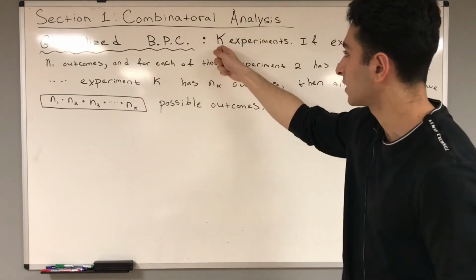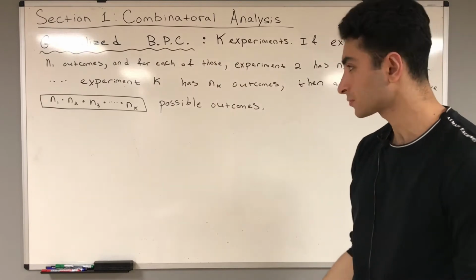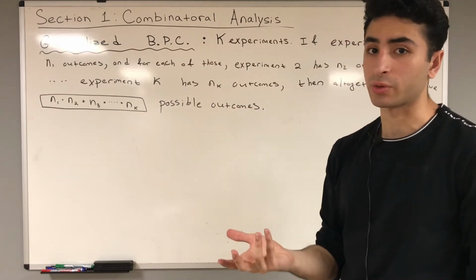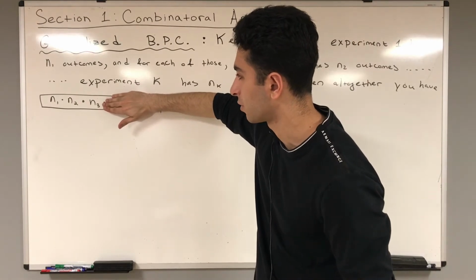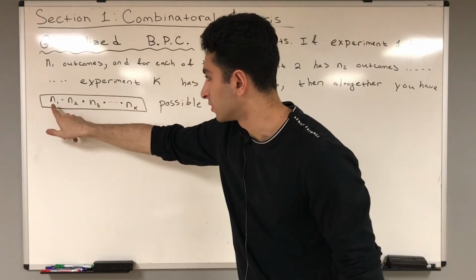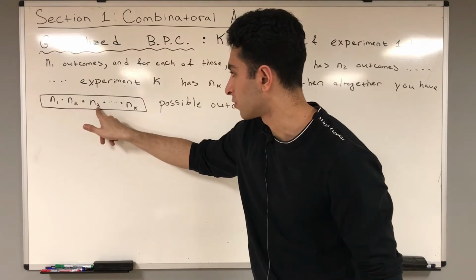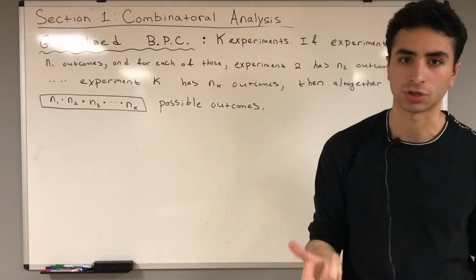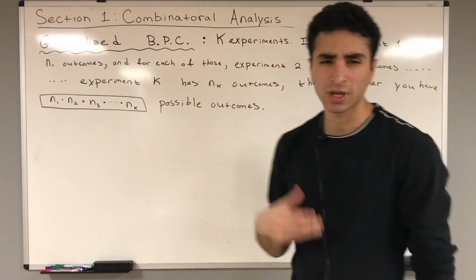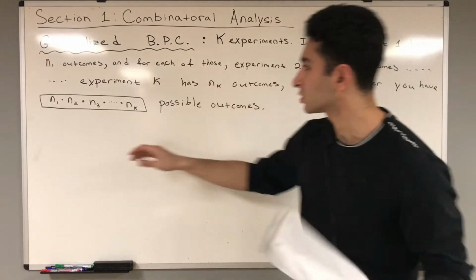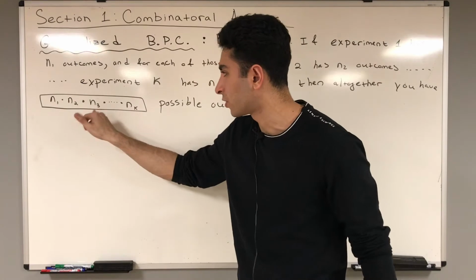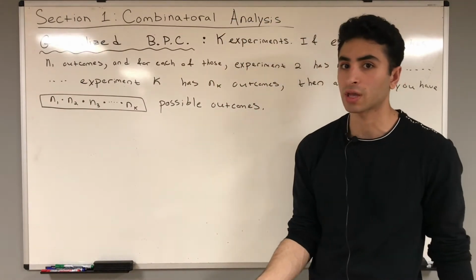So if we had, let's say, 3 experiments, then you would just have n1 times n2 times n3. The index here, the 1 to the 3, is just to let you know what experiment you're talking about. When you have 2 experiments, you just need 2 letters, but when you have k experiments, we like to use this index to refer back to what experiment we're talking about.